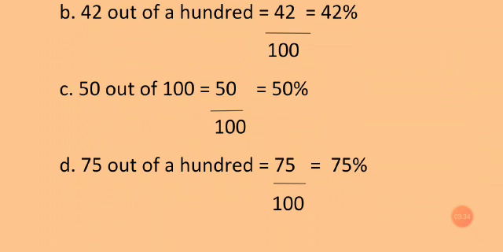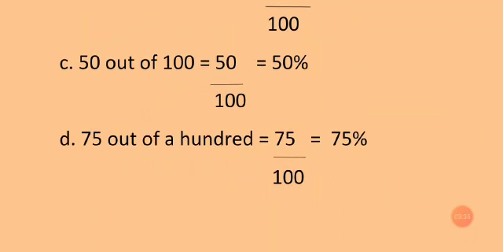The last on number 2, number 2D says 75 out of 100. This equals 75 over 100, which equals 75%.